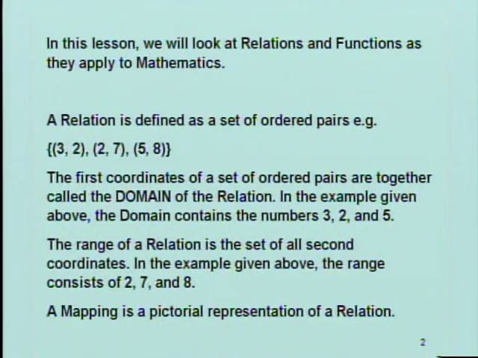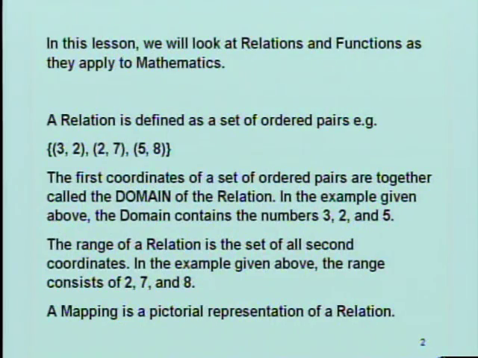In the example given above, the domain contains the numbers 3, 2, and 5. The range of a relation is the set of all second coordinates. In the example given above, the range consists of 2, 7, and 8.